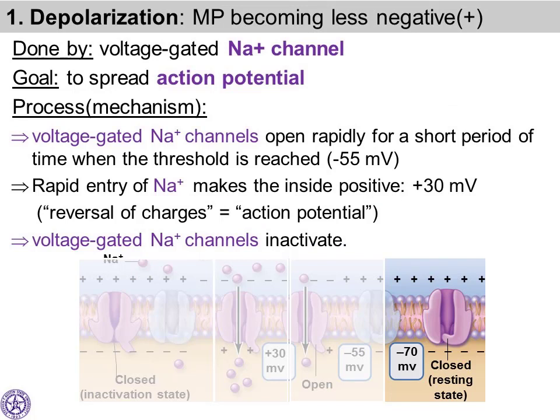Now, I want you to note a couple of things here. And if you've printed out this slide, we're going to make some corrections. The sodium voltage gated channels, they open very rapidly. See, we have a closed sodium voltage gated channel at resting membrane potential. When we hit our threshold, they open.